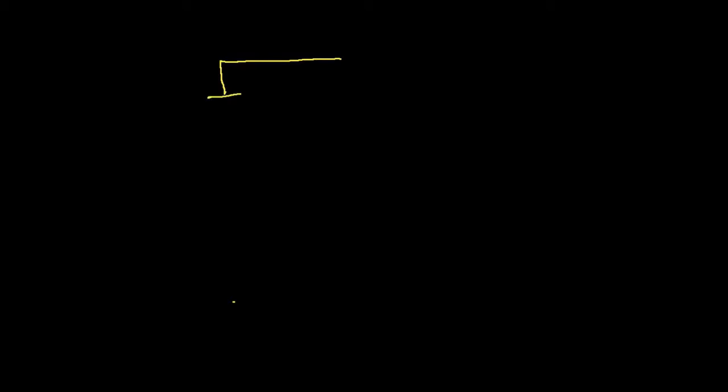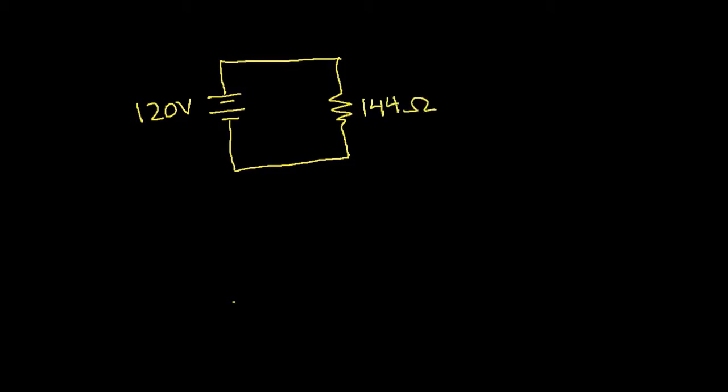We have a voltage source which provides 120 volts, and that's connected to a resistor with a resistance of 144 ohms. The symbol for ohms is a capital omega. So we know that the voltage here is 120 volts.